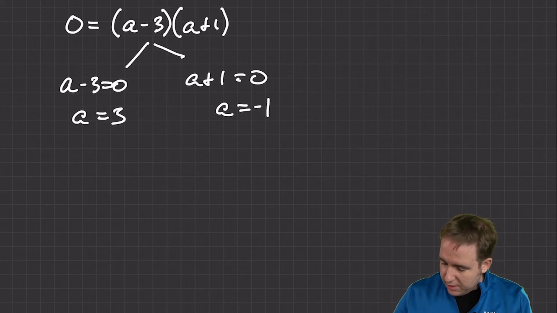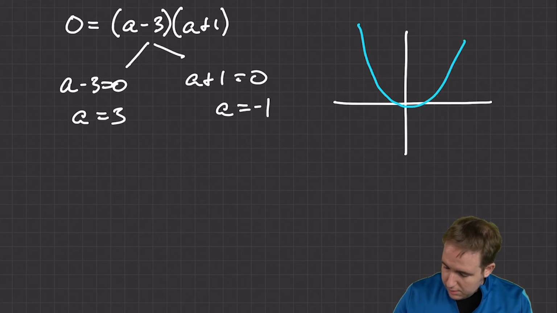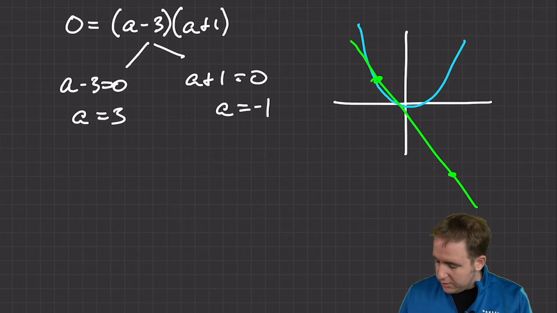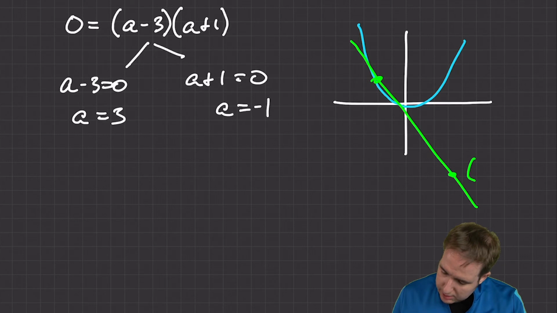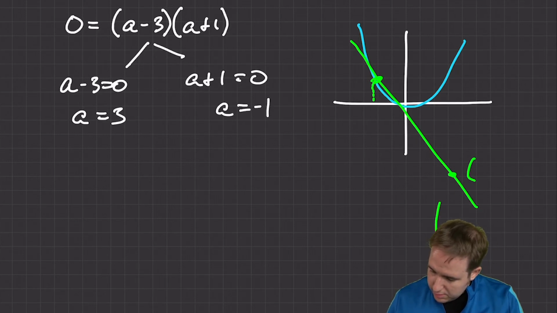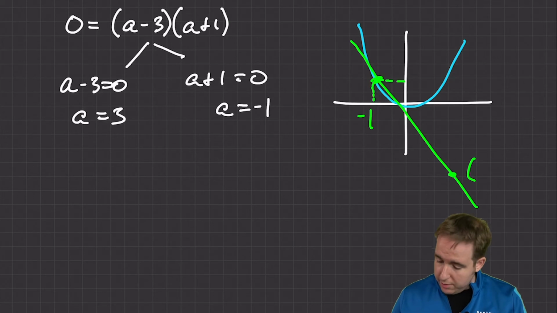Now, let's get, just really quickly, my picture back here. 2 points. So let's use this point over here. I'll leave that out for a second. So this would be negative 1, and negative 1 squared is 1.